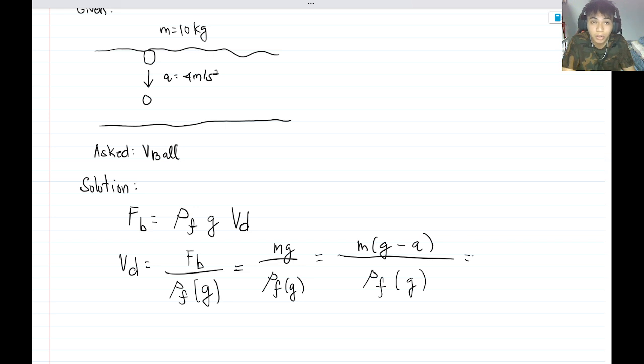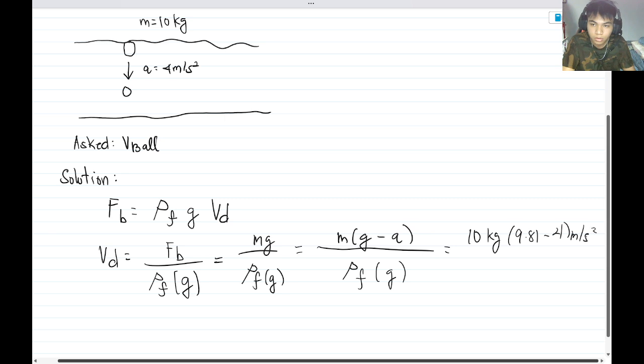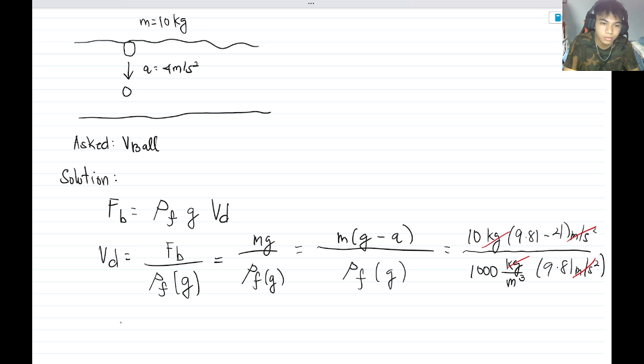So we can cancel. Substituting the values, since it is a pool, tubig yun, we have 10 kilograms, and then 9.81 minus 4 meters per second squared. Now, yun nga, like I said, tubig yun, so it's 1,000 kilogram per cubic meter. And then, makakancel lang tong units na to, and we'll end up with meter cubed.